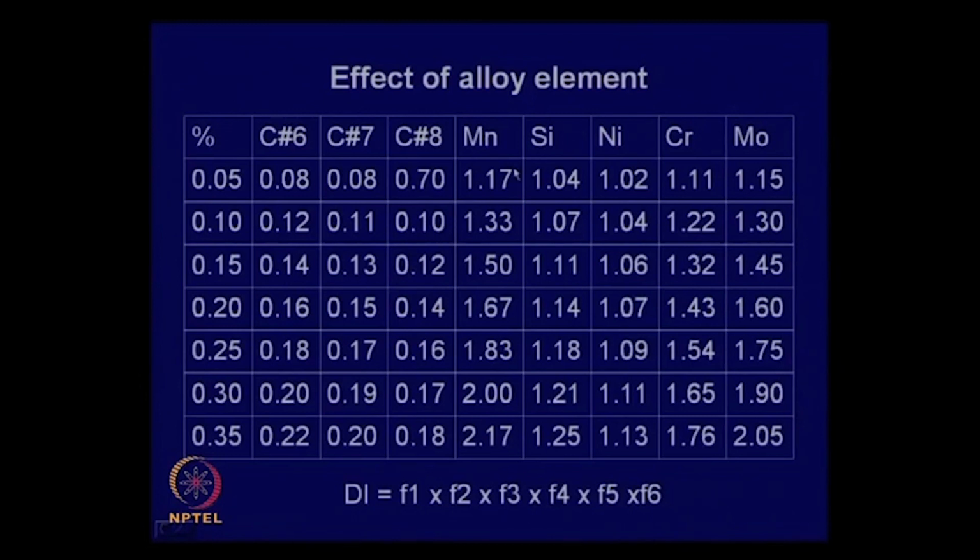Then you check how much manganese it has. If it has 0.3 manganese, then F2 is 2, and you multiply by 2. Similarly, you find the factors for each of these and you get a value for Di.